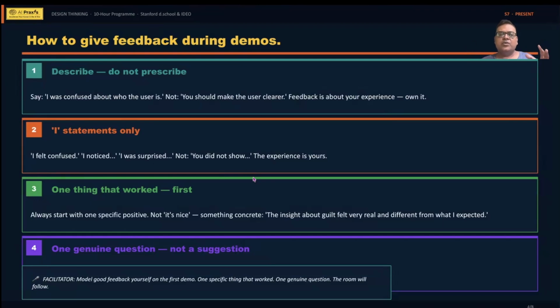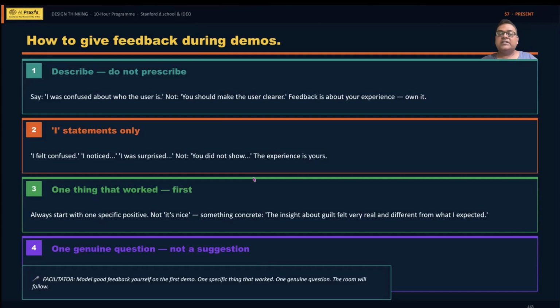After each demo, the audience gives feedback, and this feedback is not the detailed feedback grid from session 5, but a 1 minute structured response designed to give the presenter something specific and generative that they can actually use in their next iteration. Because feedback like I liked it, or maybe make it simpler, or I think the idea is interesting, tells the presenter nothing they can act on. So our goal is to make every piece of feedback actionable.